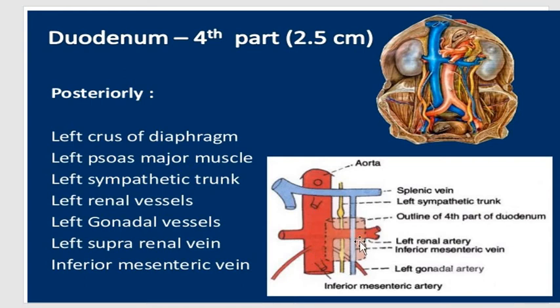These are the things which become the posterior relations: left sympathetic chain, left renal artery, left gonadal artery and left suprarenal vein, and from above, the left crus of diaphragm, and the origin of inferior mesenteric artery. So these become the posterior relations of the fourth part of duodenum, which is 2.5 centimeter long.